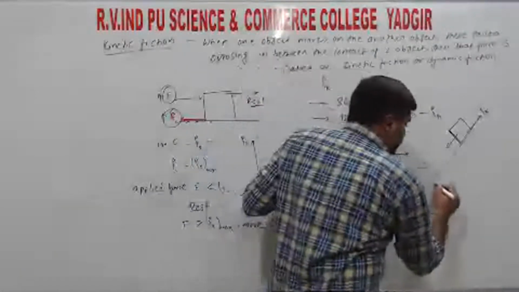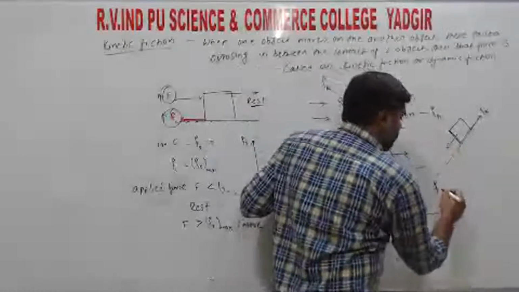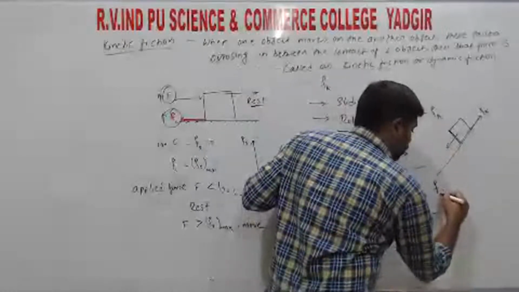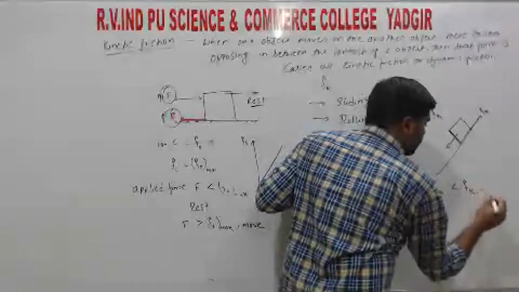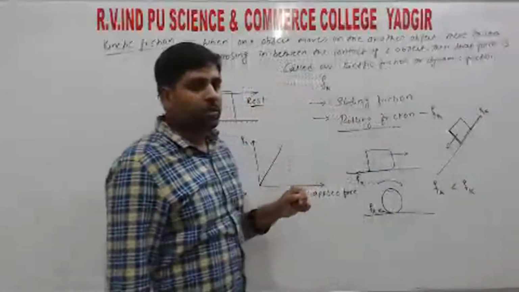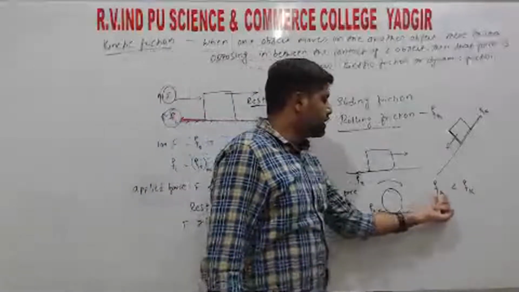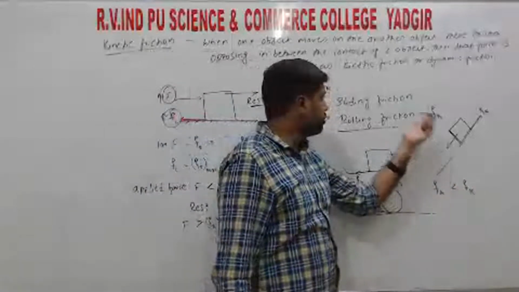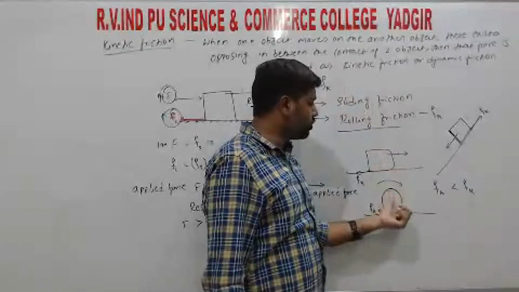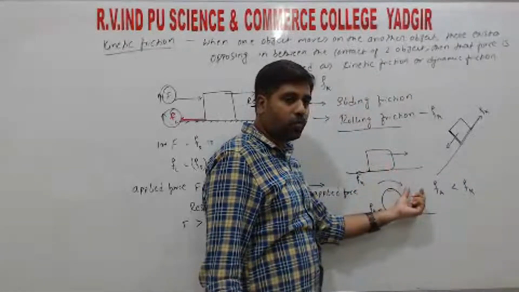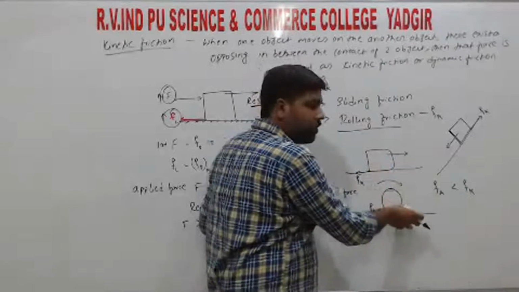So the coefficient of rolling friction is always less than that of sliding friction, right? Rolling friction is less than sliding friction or kinetic friction. In these two cases, objects are moving, one is sliding and another is rolling.